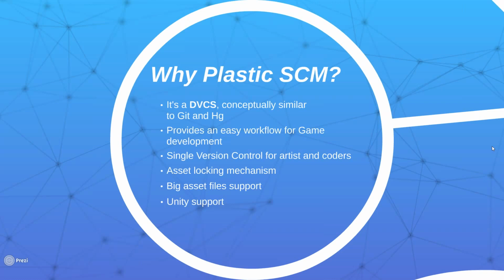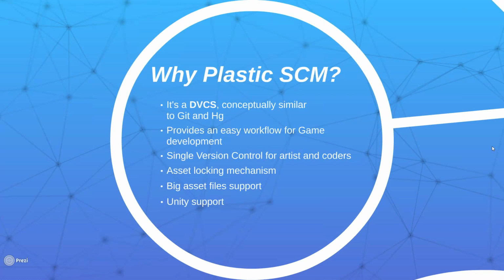Having big asset files is not a problem for Plastic SCM either. You don't have to worry about your file size anymore. You just need to add them into Plastic and that's all. For the people coming from Git, I know you might be concerned about the file size using Git. File size is not a problem with Plastic SCM.